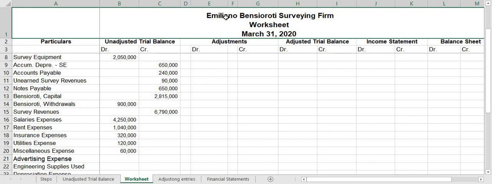So here it is Emiliano Benciorote Surveying Firm. And of course, after that is the name of the document. So this is worksheet and the financial year end of the firm. So here, it is March 31, 2020.